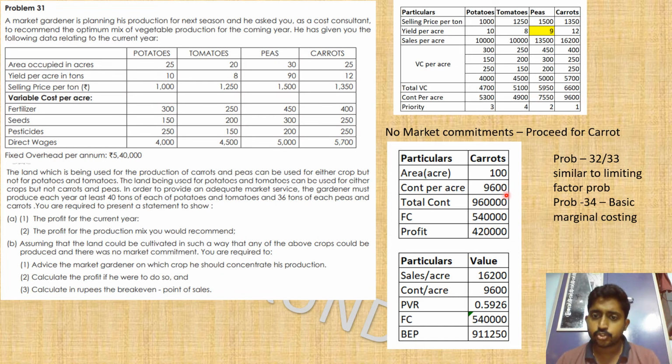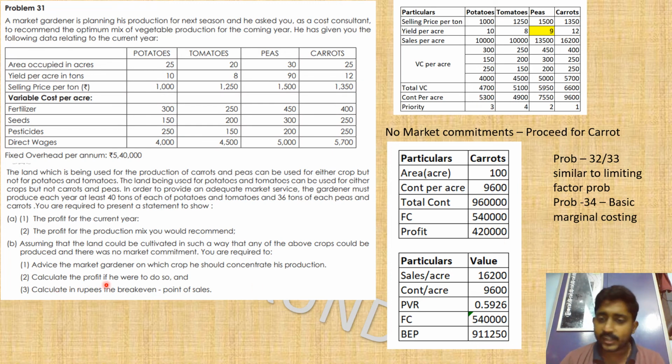So total contribution can be found, which is contribution per acre multiplied by total land area. Fixed cost is given as 5.4 lakh. That will not change at all. And profit can be found as 4.2 lakhs. It is much higher than both of the previous options.